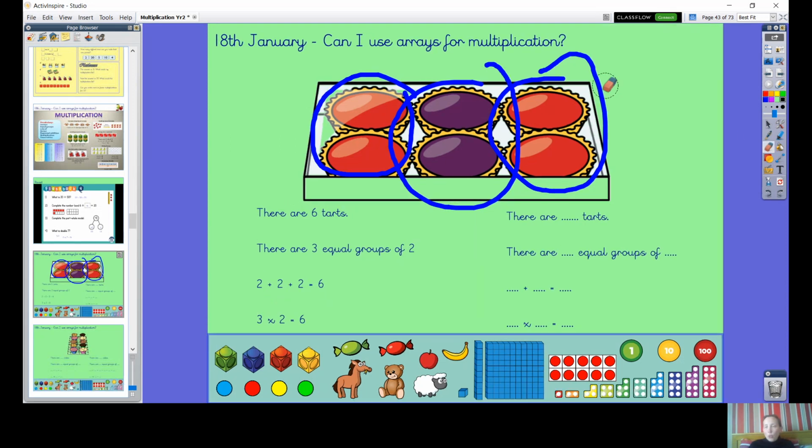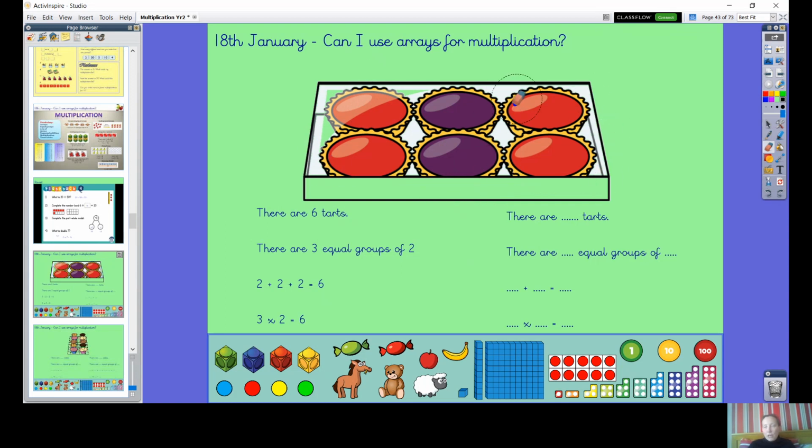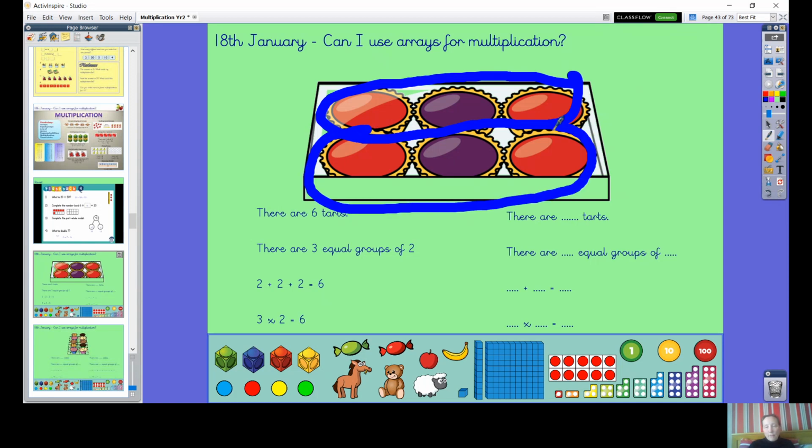Let me quickly take my rubber and rub out these bits so we don't get confused. Okay, so we could have done our 2 groups of 3. Let's have a look, because I've got 1 group here and 2 groups here.